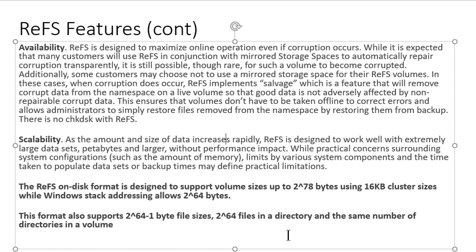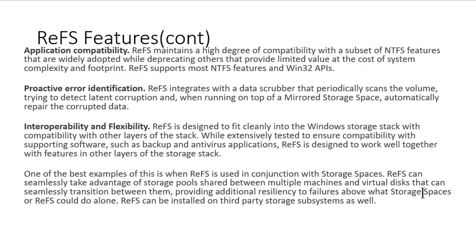This format also supports 2 power 64 minus 1 byte file sizes, 2 power 64 files in a directory, and the same number of directories in a volume. We can see the difference between ReFS and NTFS and the benefits ReFS will basically provide.